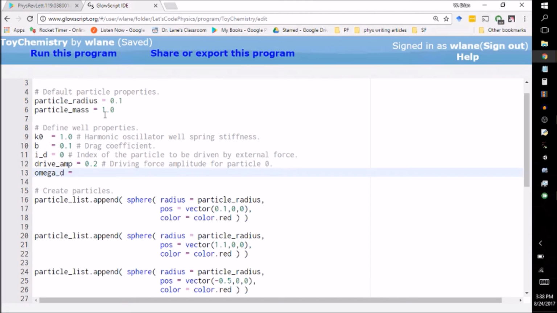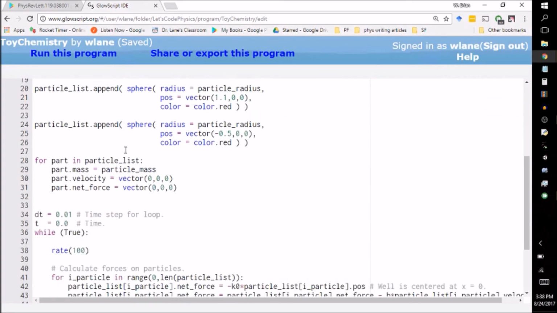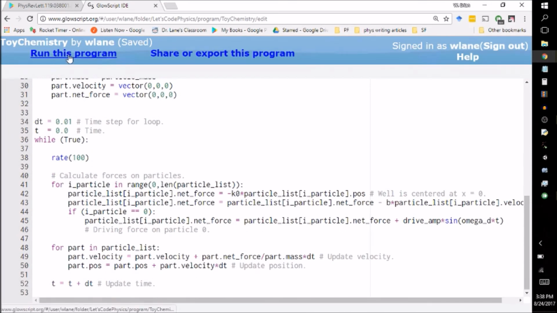So let's make this one a little bit slower. So this is the driving force angular frequency for particle 0. So what you're going to see is that particle 0, the one that starts in the middle, is going to get this driving frequency. So it's going to keep going even though the others eventually slow down. Right? Did I set that up right? I'm adding to this. Yes.